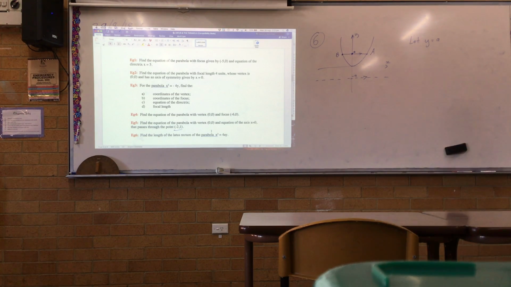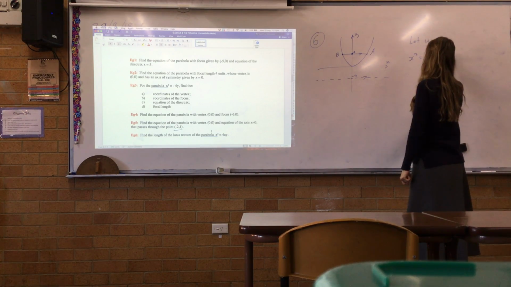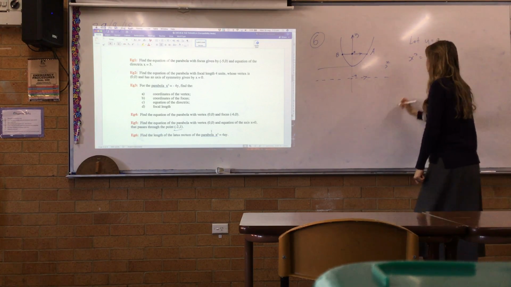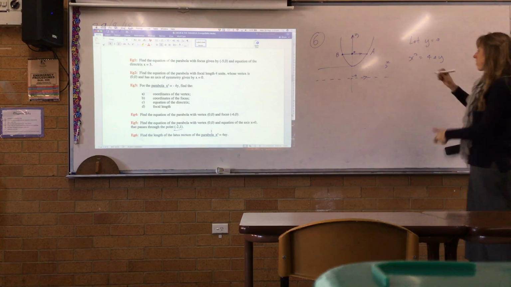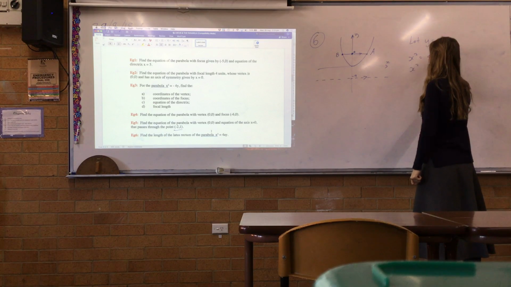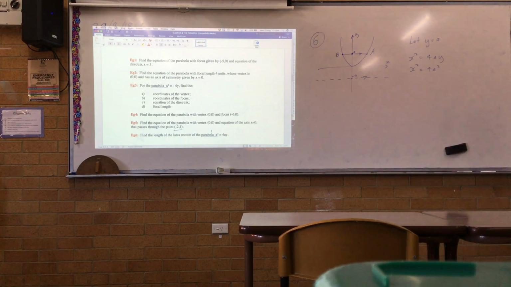So let's just sub it into our equation here. x squared equals 4ay. But we're also saying that y equals a, so it equals 4a squared because we're substituting a for y.